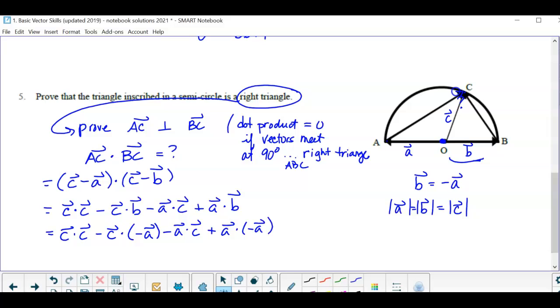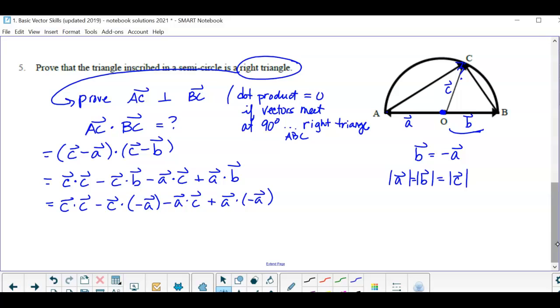Okay, and then you can simplify the negatives, but what you need to remember, if you're taking the dot product of a vector with itself, we talked about this before, the value of it is the magnitude squared. So if we're doing C dot C, that's magnitude of C times magnitude of C times cosine of the angle in between them.